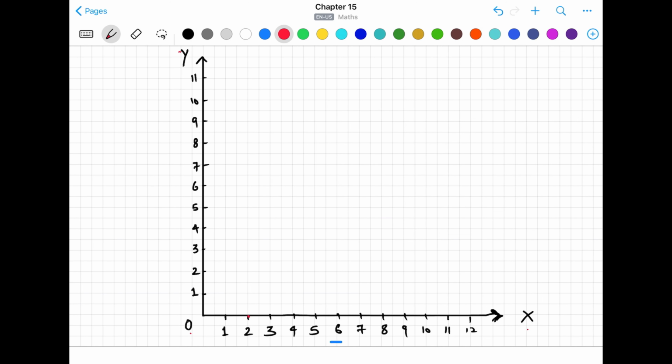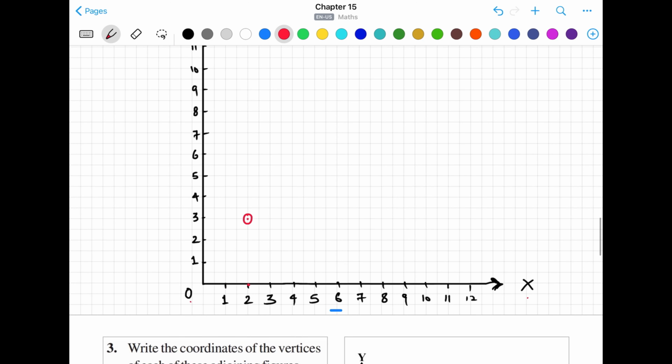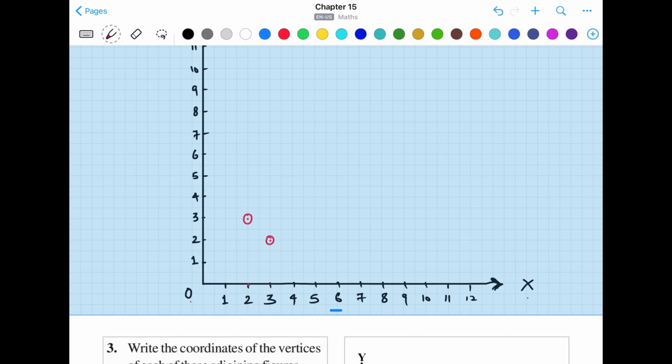That means x is 2 and y is 3, so this point is here. Second point is x 3 and y 2, here. So these are two points. Now we have to join these and check at which points this line intersects the x-axis and y-axis, as we are asked to find that in the question. So let's do this.